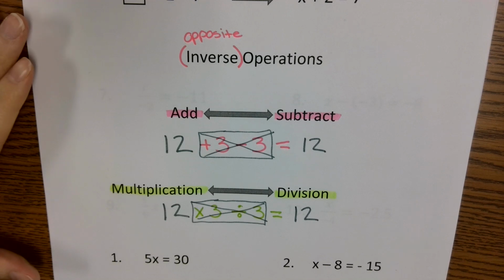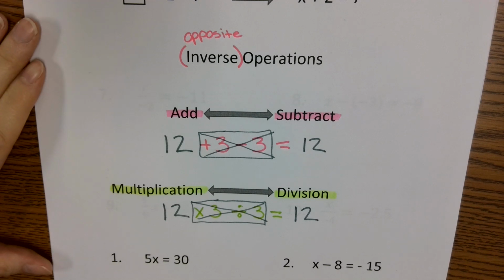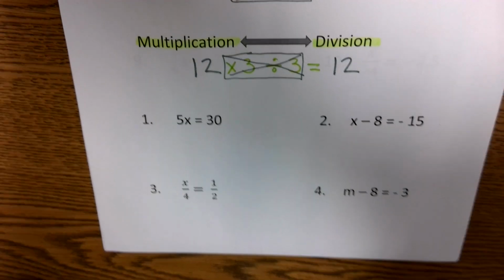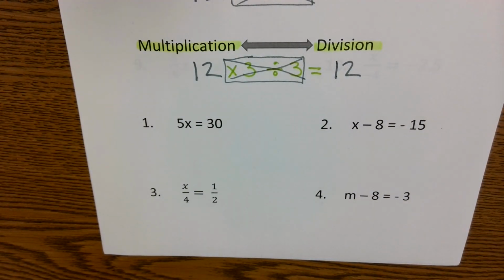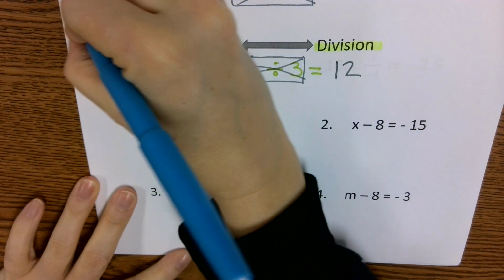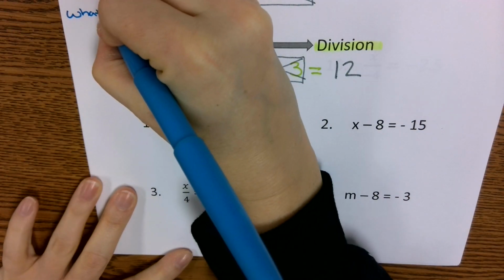Okay, so one of the things that you always want to make sure that you are asking yourself, there are 2 questions that you should always ask yourself when you are solving equations. Question number 1 that you should always be asking yourself is, what do I see?